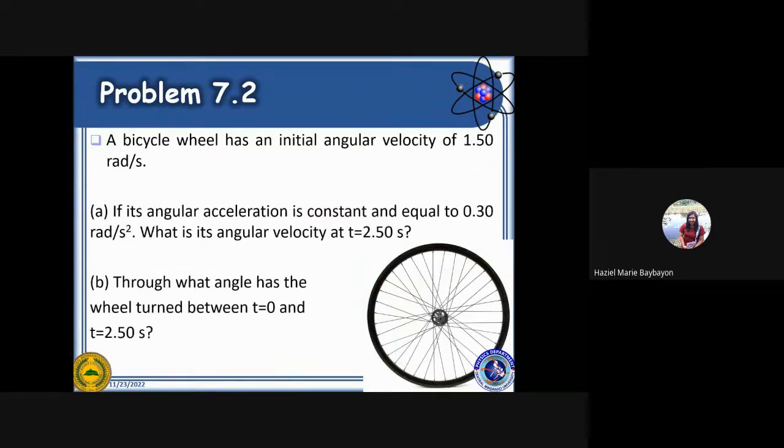Okay, so let's proceed to the second problem. Okay, so a bicycle wheel has an initial angular velocity of 1.5 radians per second.